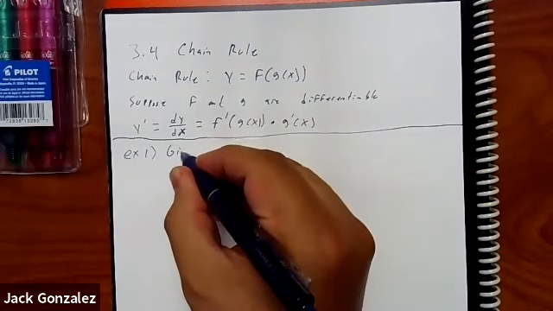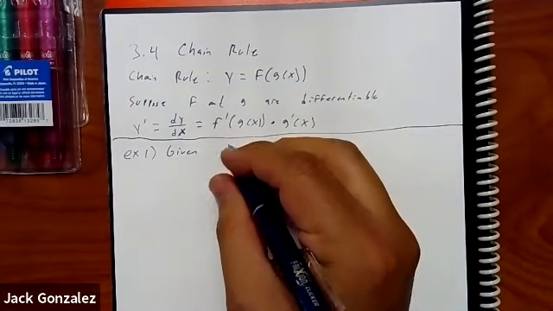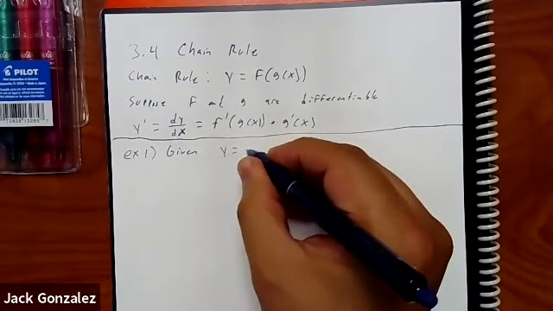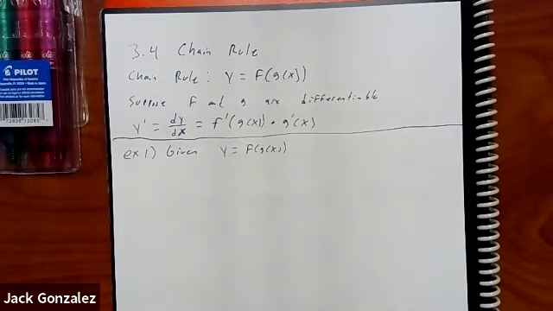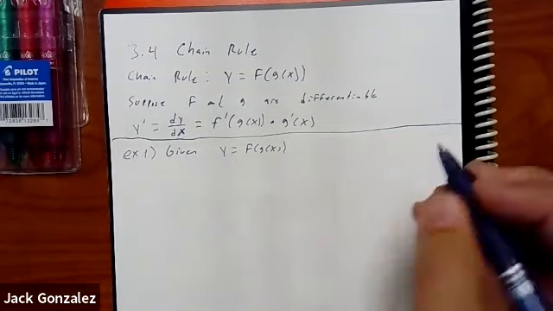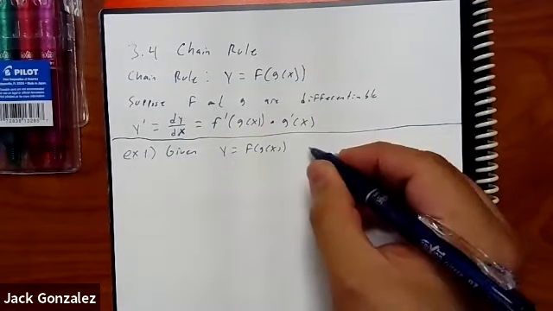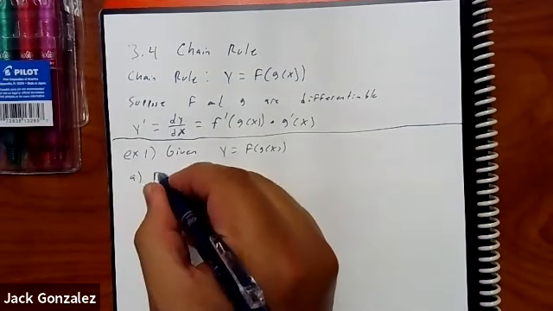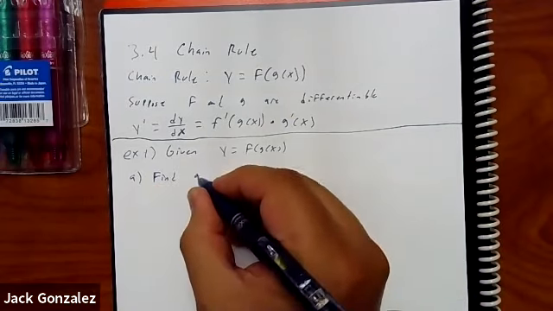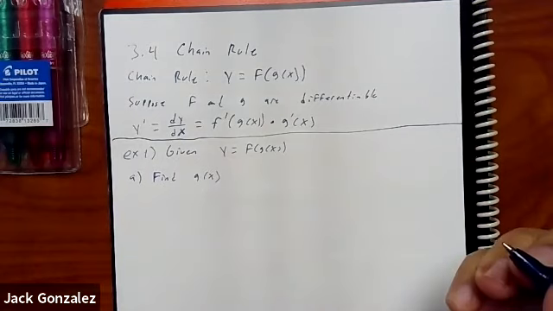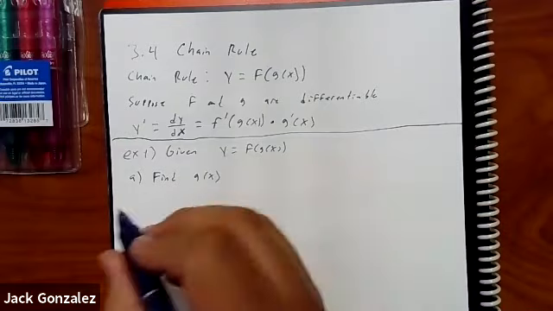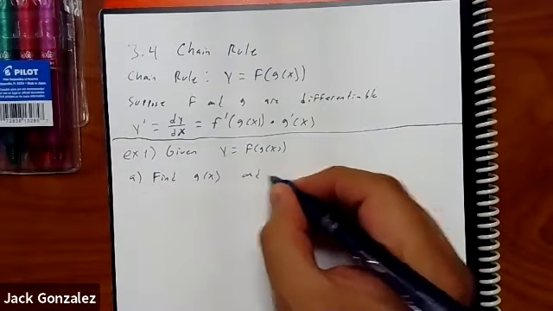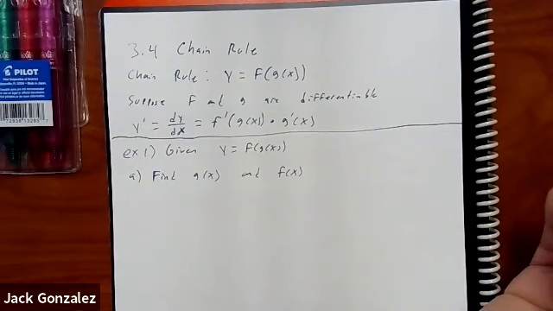So given y equal to f of g, part A, find g and f. So basically tell me what the inner and outer functions are going to be.